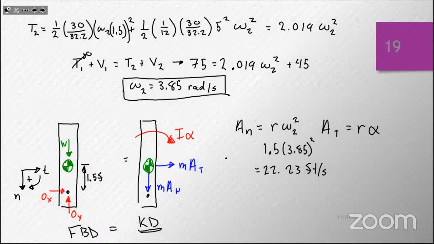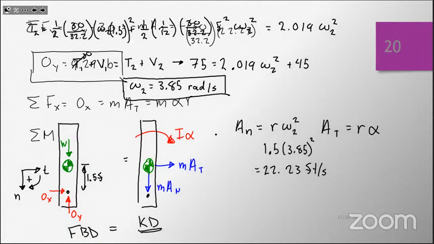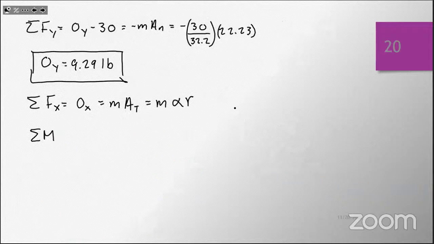But there is an effective moment from here, and we have to deal with I alpha. So if I sum my moments at O, I will get I times alpha plus m times r alpha times r.